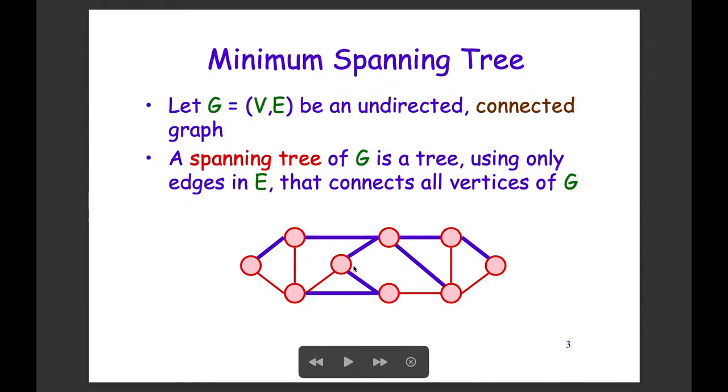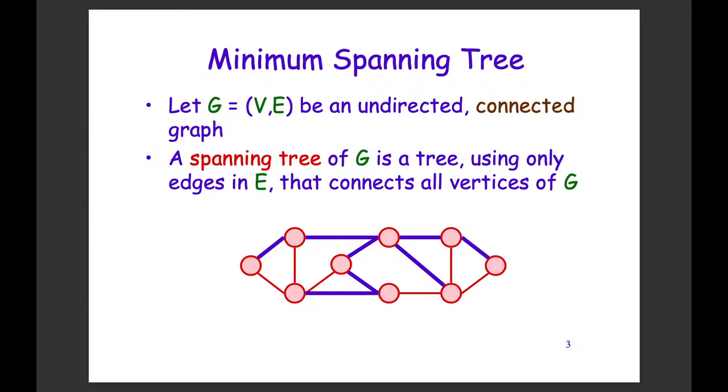But what we want is to connect the vertices together by some tree structure. If you look at the blue edges, using only the blue edges, the resulting graph is now connected. We call this subgraph with the blue edges a spanning tree.